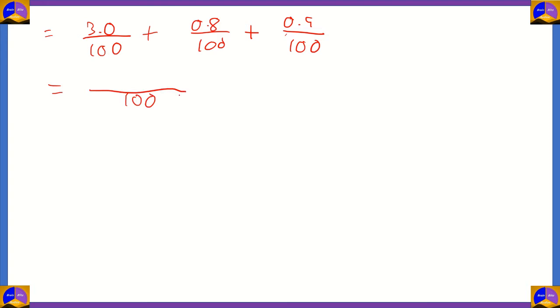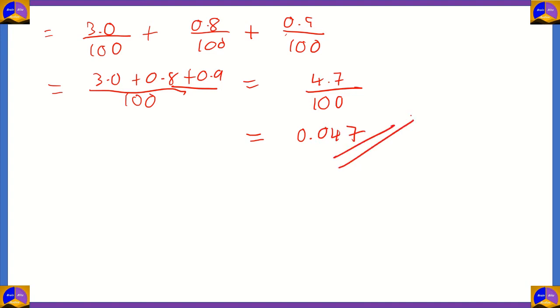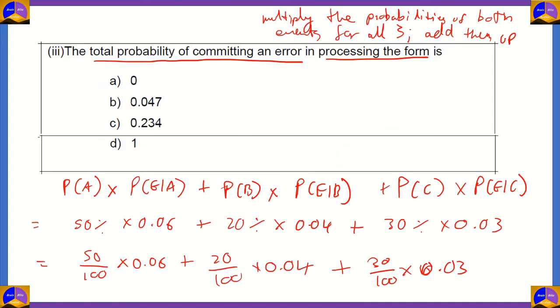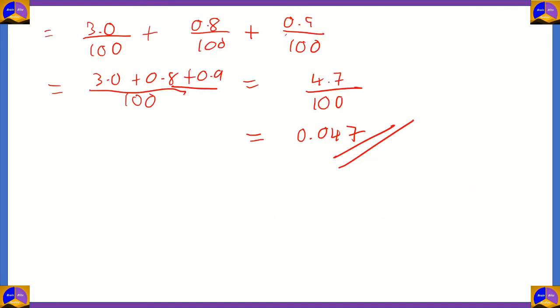The denominator is the same, 100, and the numerator is 3.0 plus 0.8 plus 0.9. That will be 4.7 divided by 100, which we can write down as 0.047 or 4.7%. So 0.047 is the right answer, and the correct option is option B.